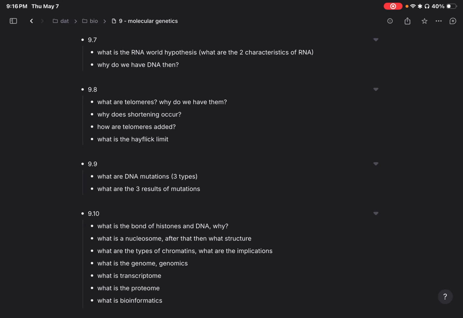When we're replicating the chromosomes, right? When we have the RNA primer, it'll start close to the end, right? Okay, wait, let me think this through.